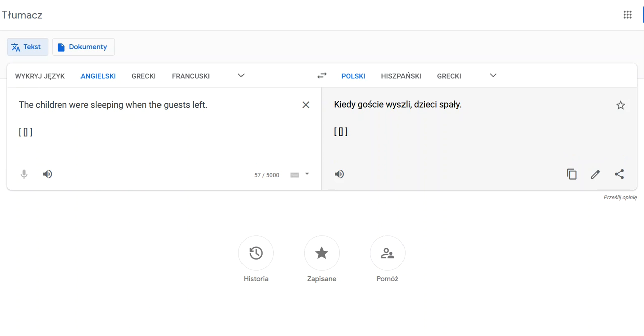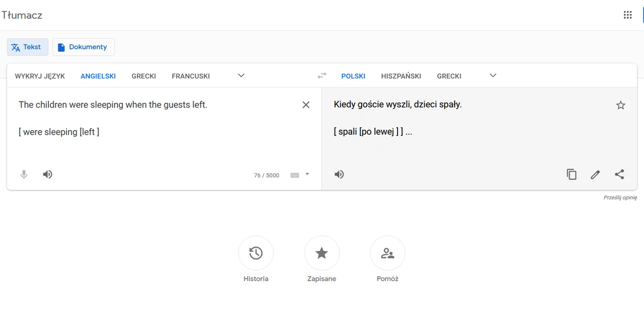Remember, so this is where sleeping, and left. Okay, so what's of interest here? It's the unfolding, that something was in progress.